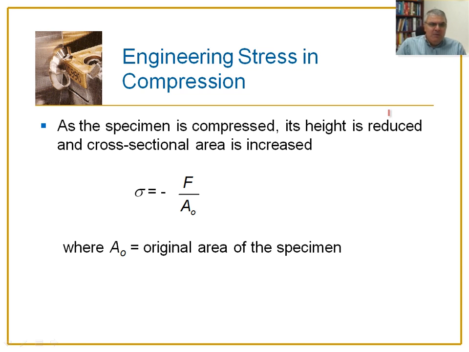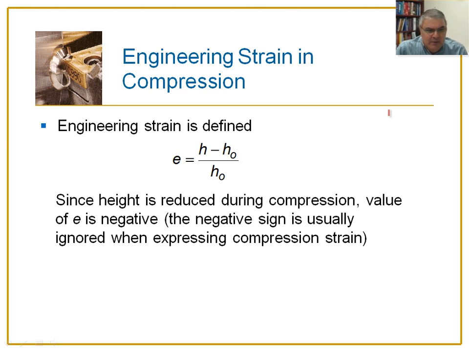So the way we define engineering stress in compression is the same way. The only difference here is the negative sign that we put in front of the equation. A sub 0 is the original area of the specimen. The strain in compression is pretty much defined the same way. Instead of L, in this case, we use H.